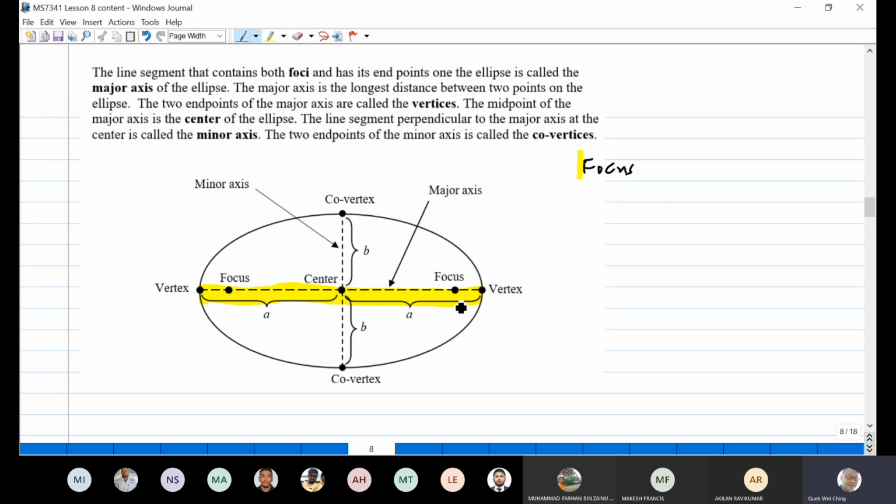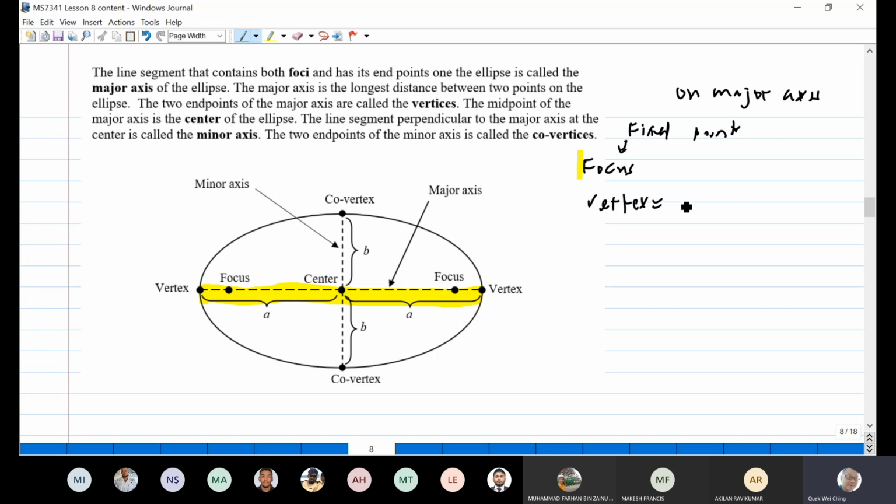You get two foci there, fixed points. The foci are on the major axis, and the vertices are also on the major axis. On the major axis, the yellow one, you can find the vertex.